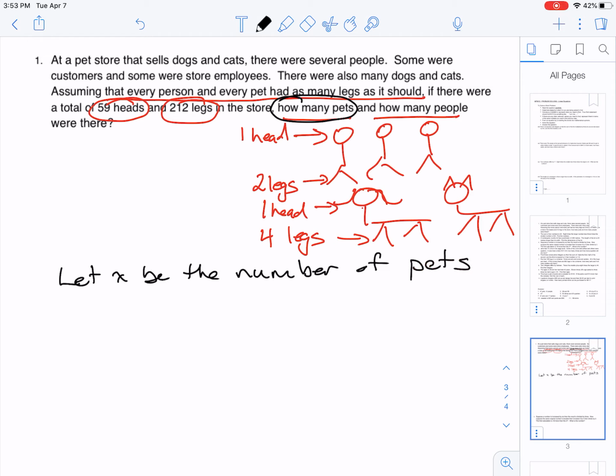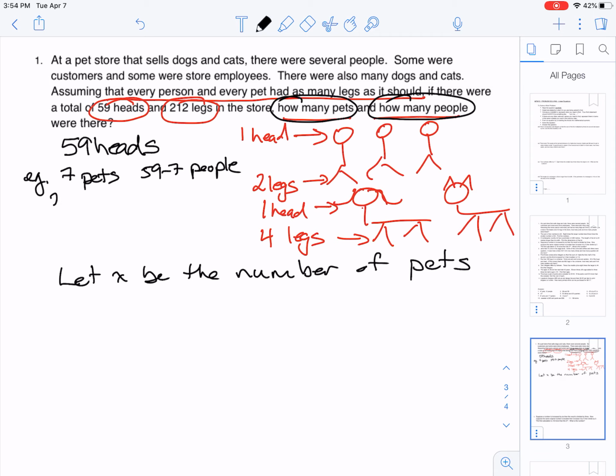Now what I have to do is express how many people there are in terms of that number. Well, we know there are 59 heads in total. Now, for an example, if we had 7 pets, we would have 59 minus 7 people, which would be 52.